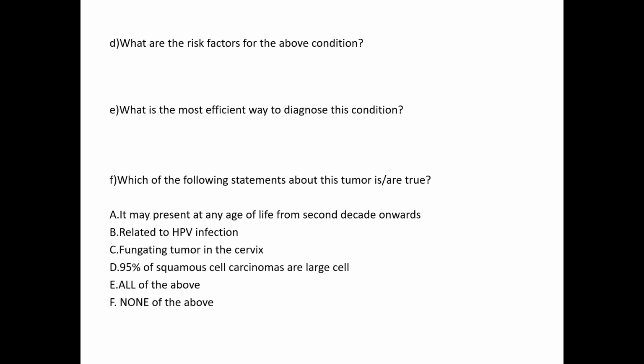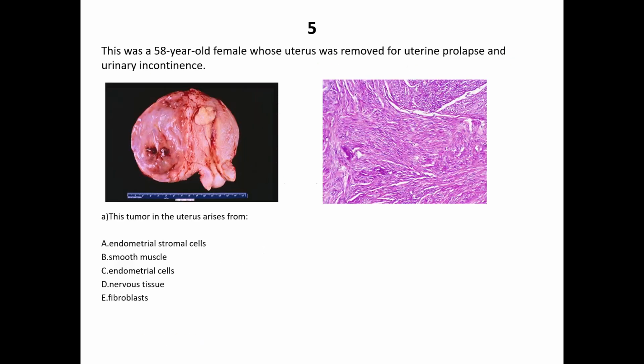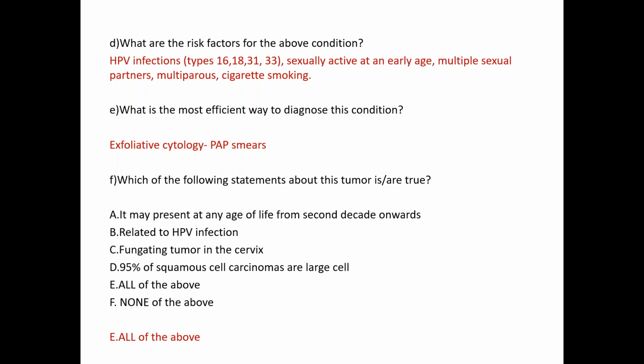It may present at any age from the second decade onwards, related to HPV infection, fungating tumor in the cervix, 95% are squamous carcinomas of large cell type, all of the above, none of the above. So that will be the case based on carcinoma cervix.